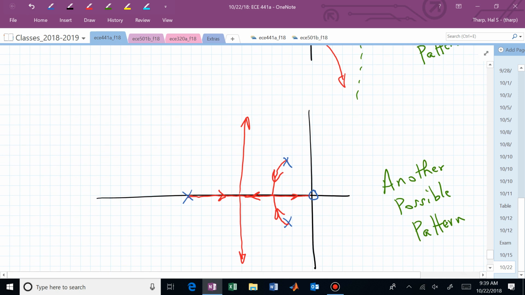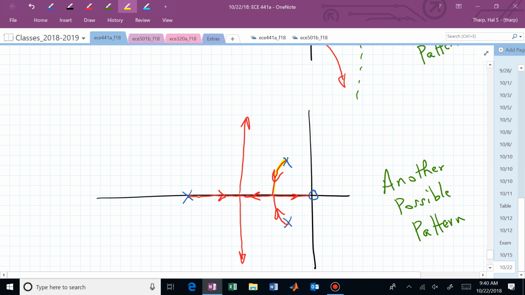How many branches do we have in this diagram? How many root locus branches do we have? How many poles did we start with? 3. We can't grow or eliminate any branches. We have to have 3 branches. And where those branches are, it's really, here's one.